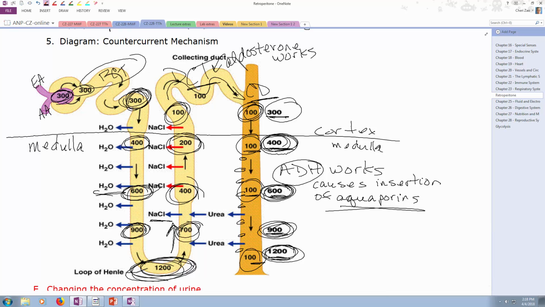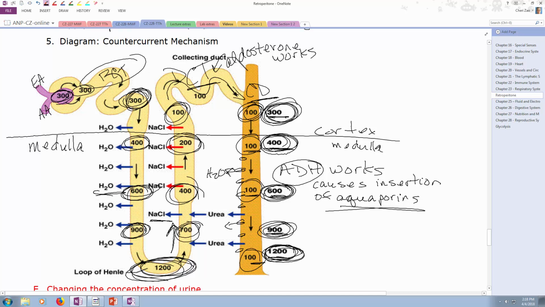The difference, though, is because the cortex osmolarity is 300, that's the best that we'll be able to get with our filtrate. But because of the concentration at the tip of the pyramid, or the papilla, of 1200 milliosmoles, if we put in all these aquaporins, we are definitely going to be pulling off a whole bunch of water.